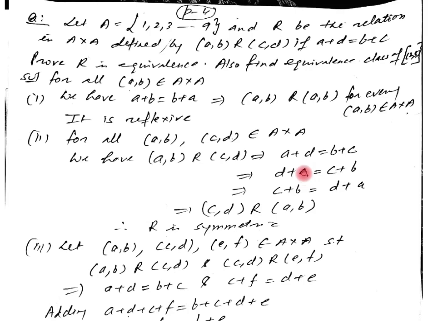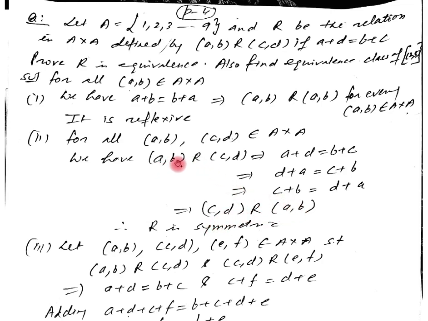Again it can be written as d plus a equals c plus b using the commutative law. Now changing the sides, we can write c plus b equals d plus a. If c plus b equals d plus a, then this implies (c, d) is related to (a, b).